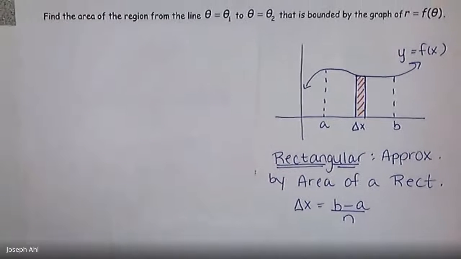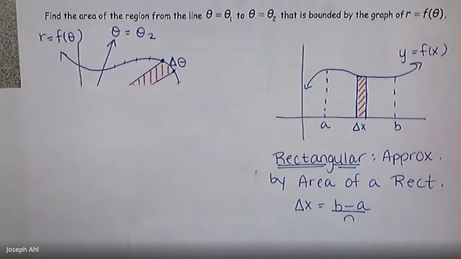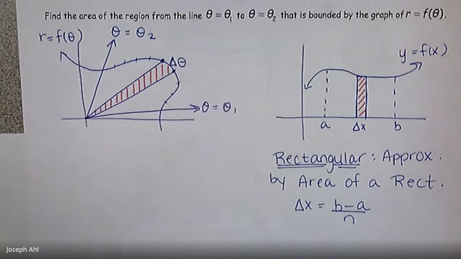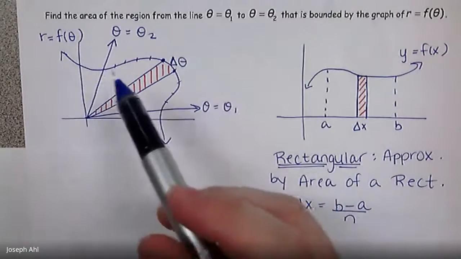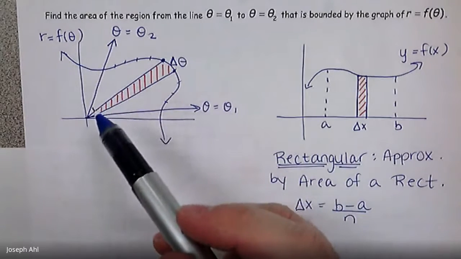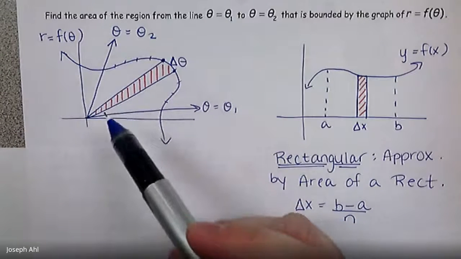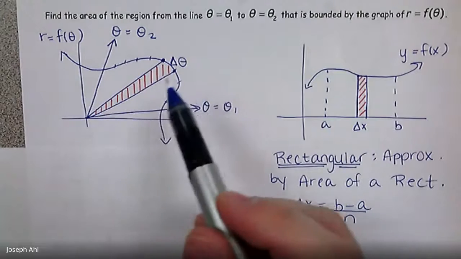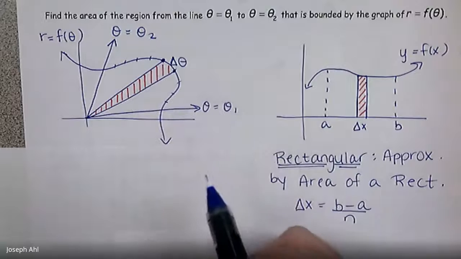Well, in polar form, this is going to look a little bit different. If we think about some sort of polar curve, r equals f of theta, and certainly take some time to get these diagrams into your notes, we have some sort of polar curve wrapping around right here. If we want to find the area from theta 1 across to theta 2 over here, then we're not going to break this up into rectangles, but into sectors.